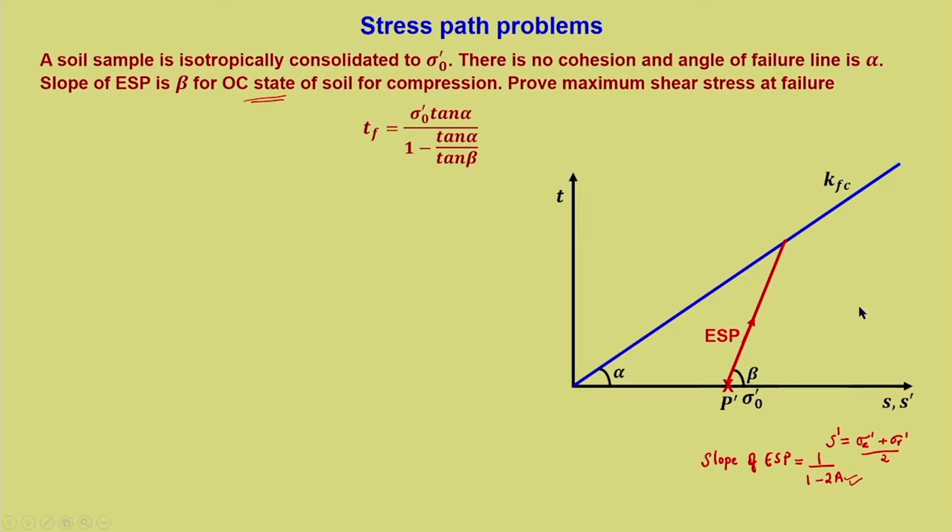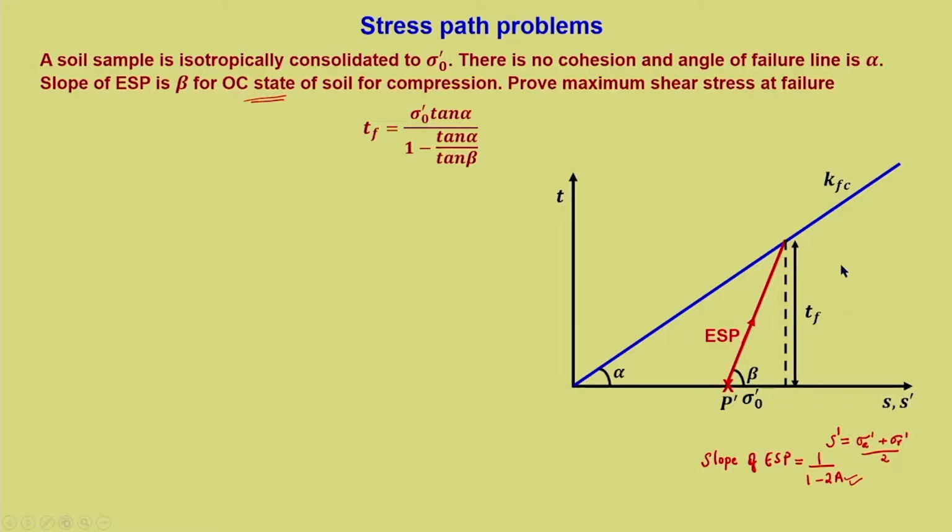And what is the maximum shear stress at failure? This is the maximum shear stress at failure, because this is where the effective stress path touches the failure line. Now, this is Tf, and the problem is very simple. The only aspect we need to keep in mind while solving a stress path problem is that we should be able to plot it correctly.